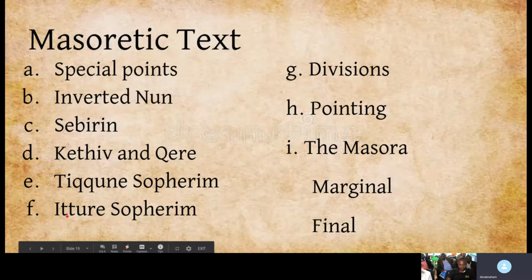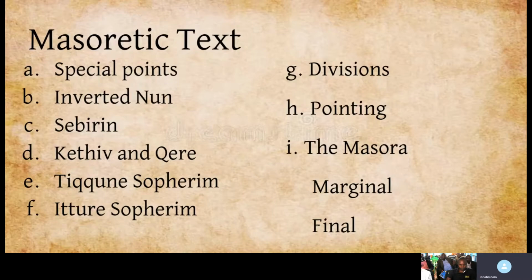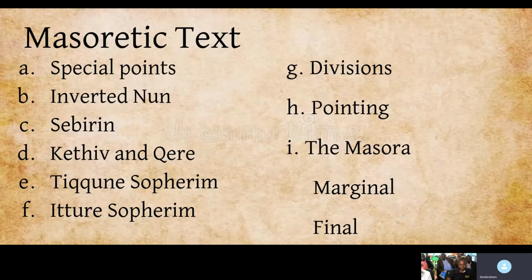After we have itore soferim. These are things that the scribes omitted. The Babylonian Talmud records that the scribes omitted a vav 4 different times with the word echad in Genesis chapter 18, chapter 24, Numbers chapter 31, and Psalm 68, and another time in Psalm 36, verse 7.